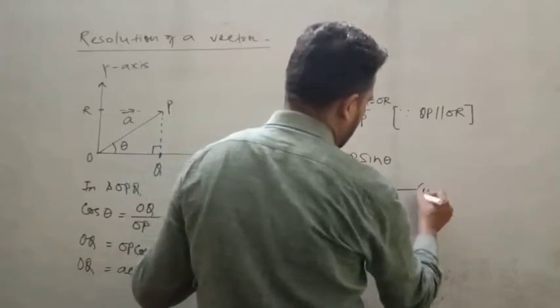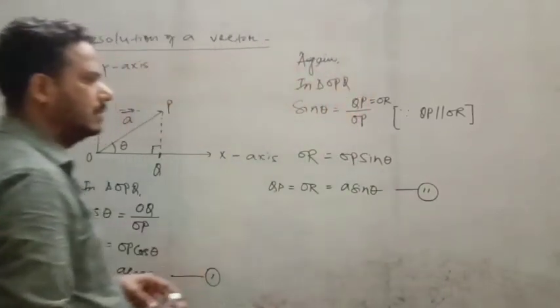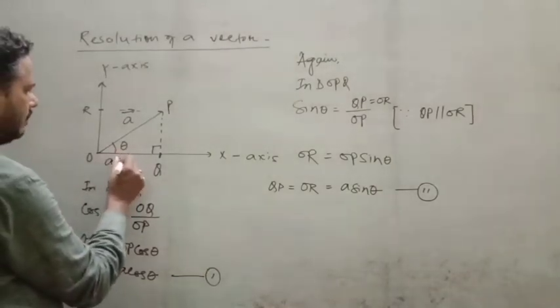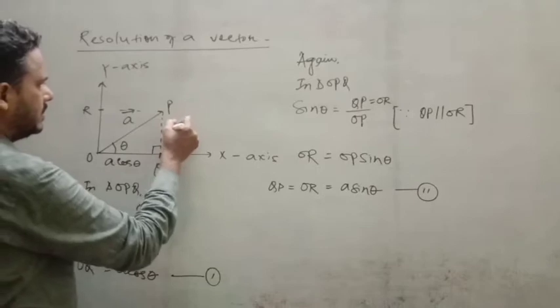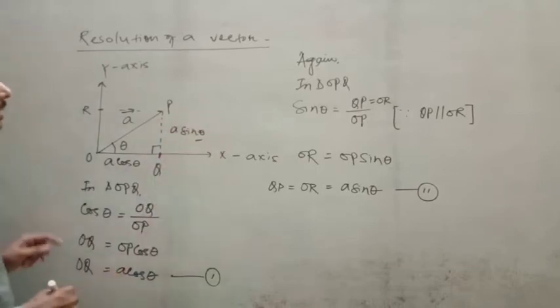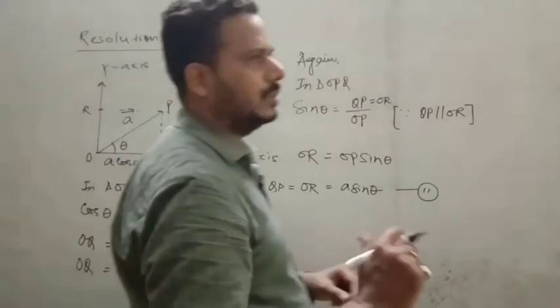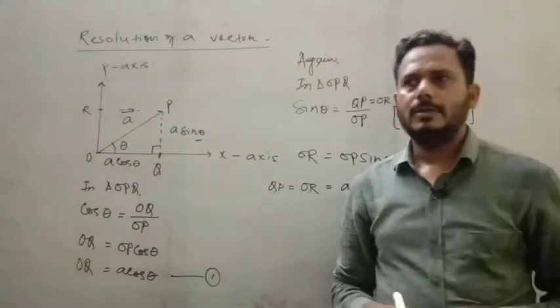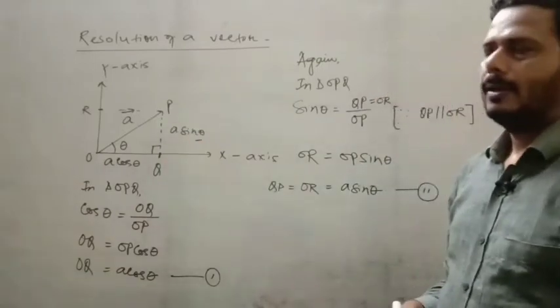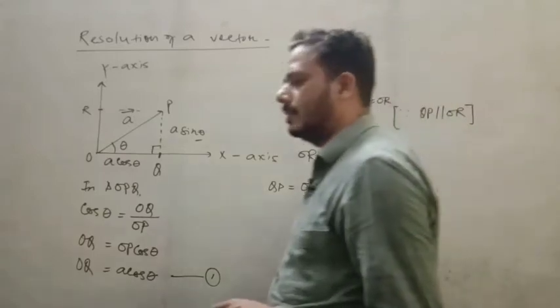This one is our second equation. Therefore, this one is A cos theta and this one is A sin theta. This is called the component of this vector. This one is also called the resolution of the vector. This one is also called the orthogonal components of vector A in this plane.